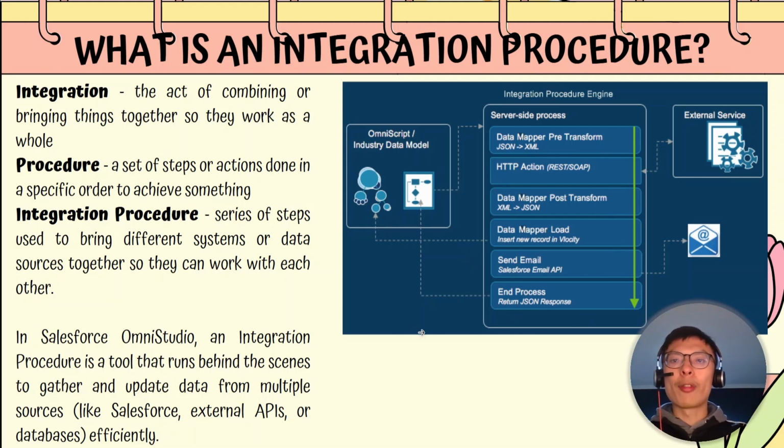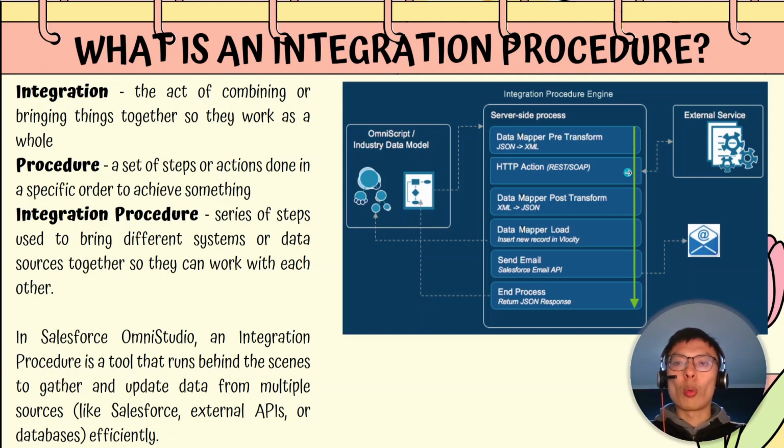On a high level, with integration procedures, you can read and write Salesforce data, you can make calls to external systems, you can trigger Apex, and it can serve as a data source for components like FlexCards and OmniScripts.